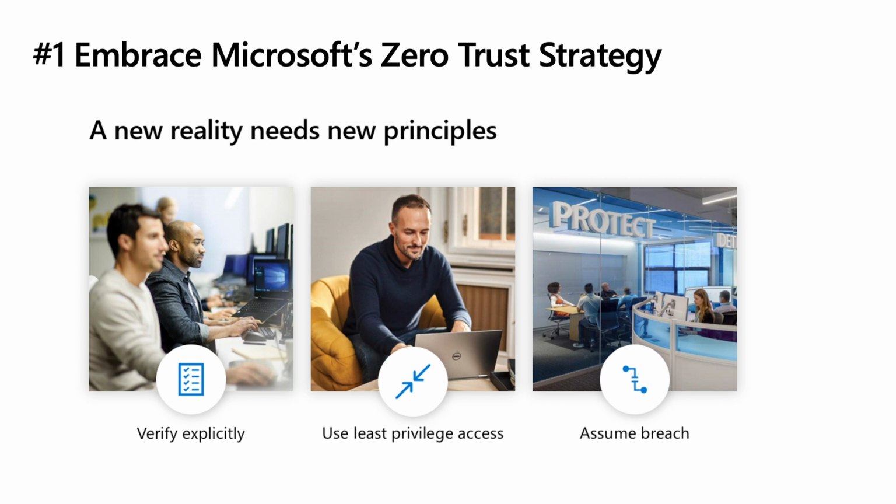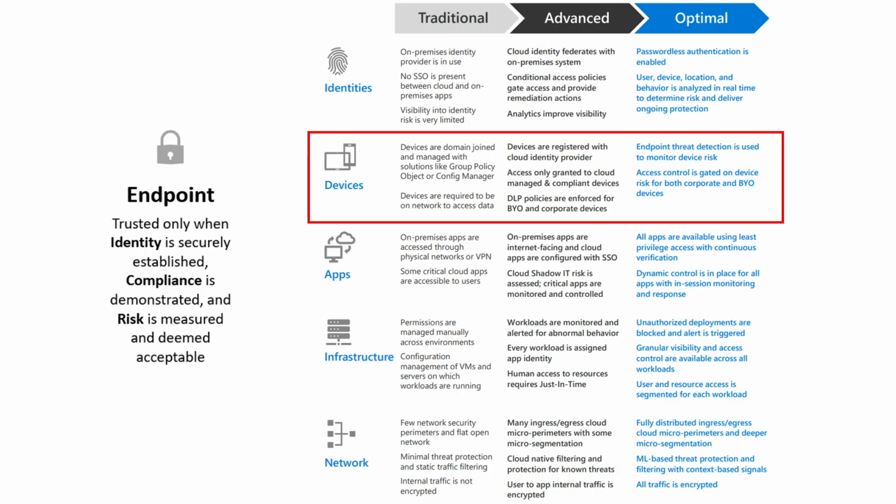But for these customers, moving to Zero Trust was not just adopting a single product or a platform. It is a journey. Across their identity, devices, apps and network, they start from a traditional mode and move to advanced and then to more optimal. For example, in the devices world, traditional devices would be domain joined and managed with group policy or Config Manager.